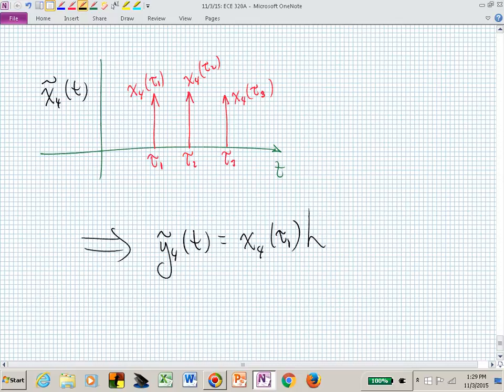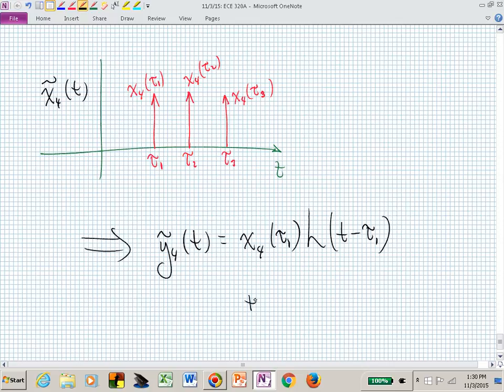When does it start? When that impulse occurs at tau 1. Is it clear where that's coming from? That's just x sub 2 that we had before, just a delayed impulse. And we're now finding the piece of the total output due to one of those 3 impulse waveforms at the input.